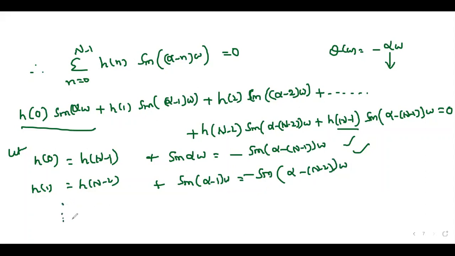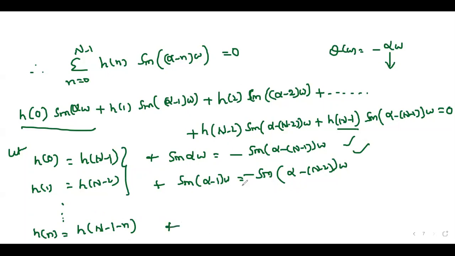And so on you can do. In general, this can be written as h of n is equal to h of n minus 1 minus n. By seeing these terms, we can write in general h of n is equal to this much.